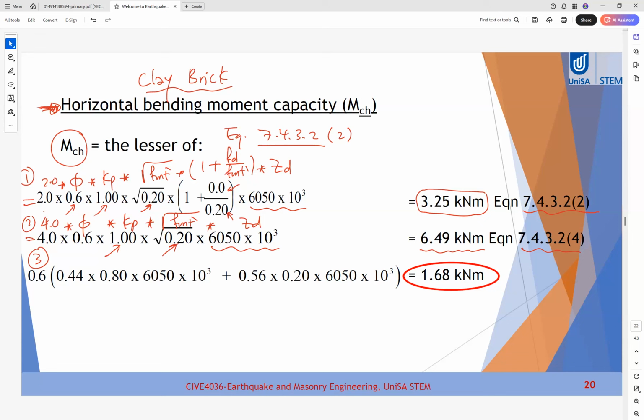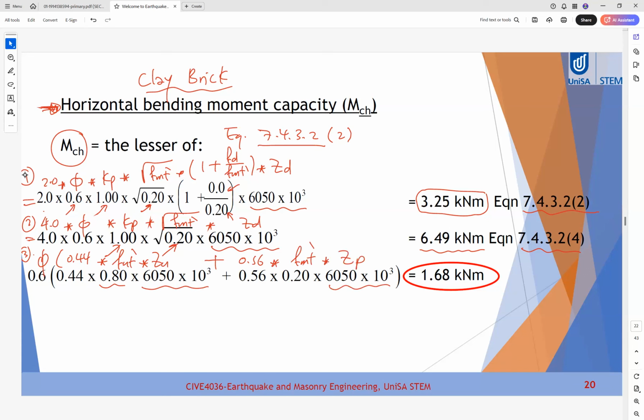The third value is phi times 0.44 times FUT dash times ZU, plus 0.56 in the formula times FMT dash times ZB.